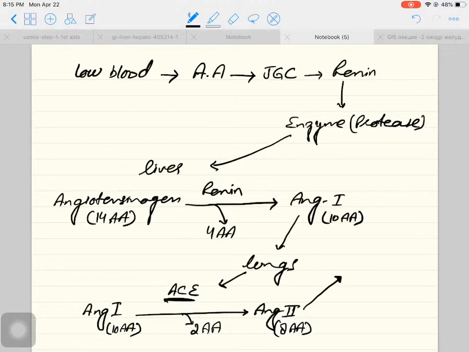Angiotensin 2 goes to the adrenal gland for the release of aldosterone. It goes to the blood vessel causing vasoconstriction, and it moves to the hypothalamus for increasing thirst.